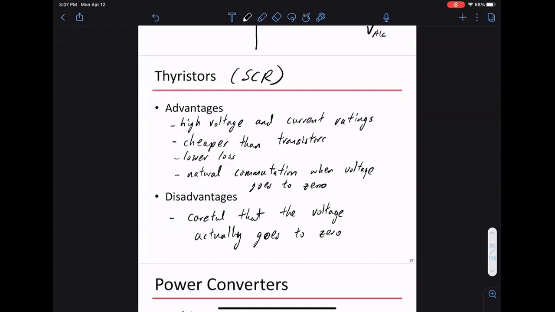If you're relying on this natural commutation to turn your circuit off, then often the bug that happens is that it's actually not getting to 0 when you want it to. If you have a switch, you have very explicit control of on and off. But if you're relying on zero voltage switching, then you need to make sure in circuit design the voltage actually gets back to 0 for this kind of switch.